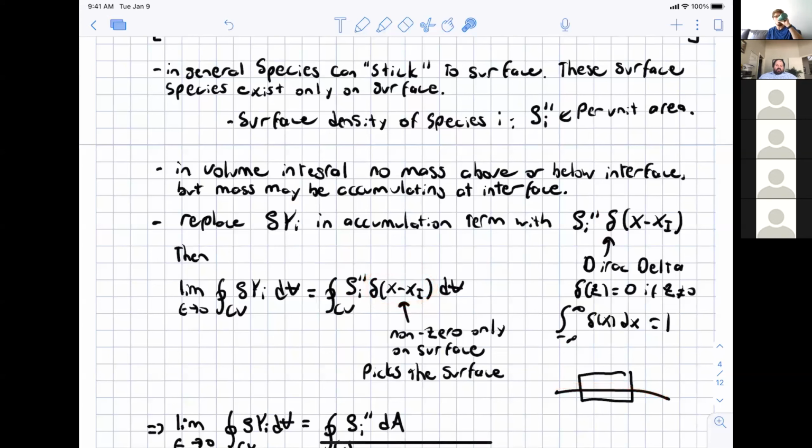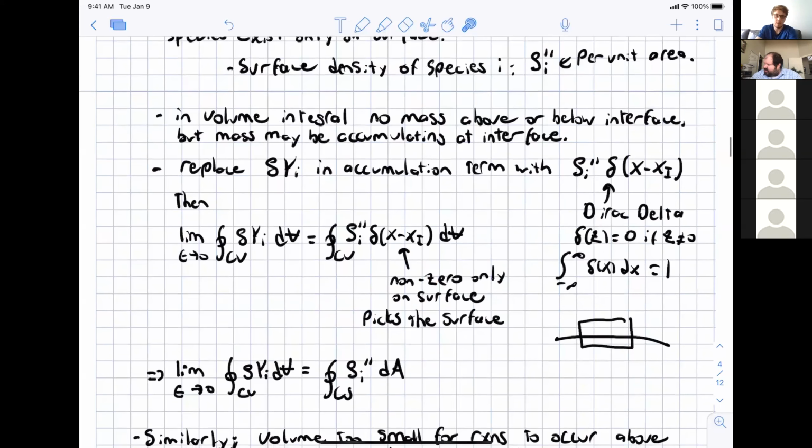So what this Dirac delta function is doing is turning the volume integral into a surface integral. That is another way that you can turn a volume integral into a surface integral.